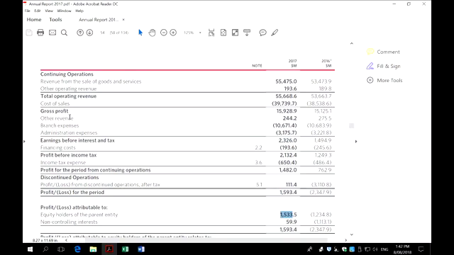Maybe there are other things, but they are kind of trivial. And we have the profit, as reported here, $1.5 billion. So if you rearrange this equation, we can calculate the operating expense.